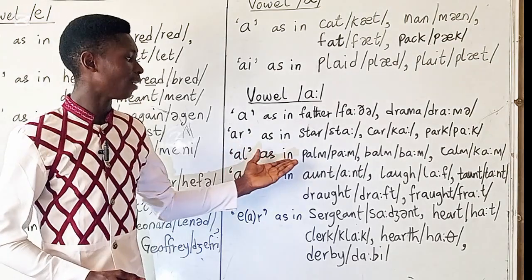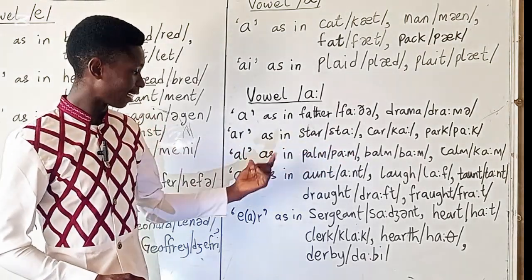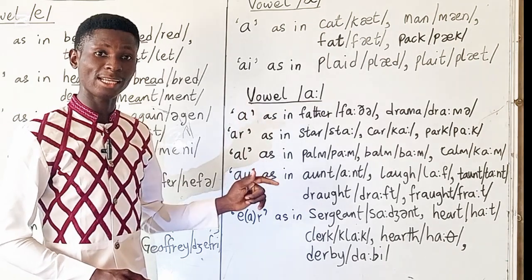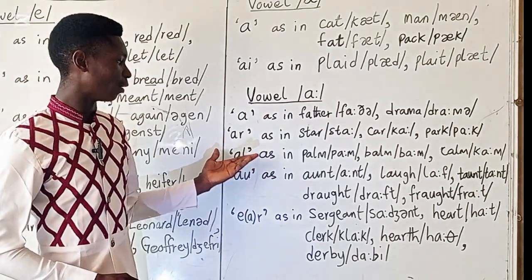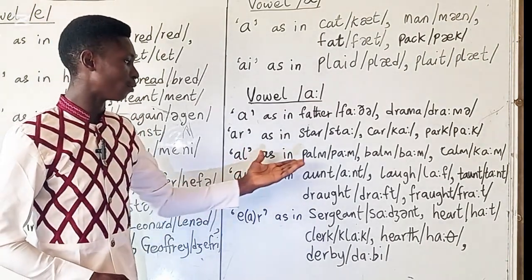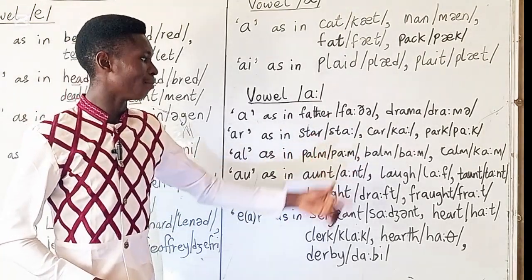So whenever you have a word structure like this, note that you're likely not to have the sound of the consonant letter L. Rather, you have the long R there. So in place of AL, you realize R in all these words. Palm, balm, calm.